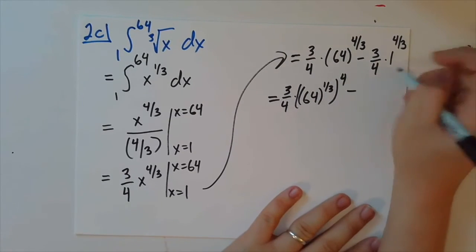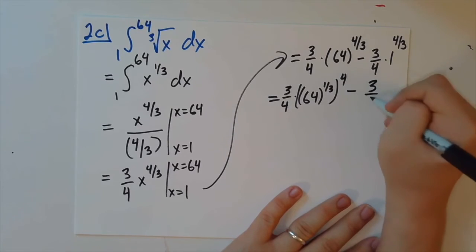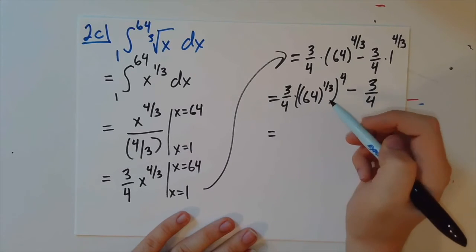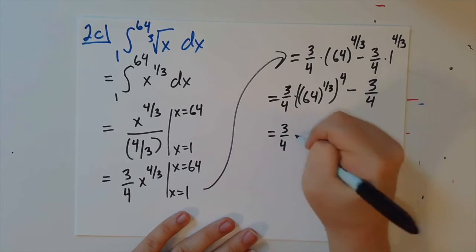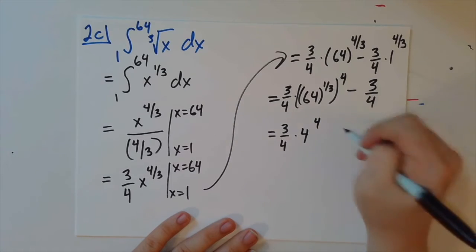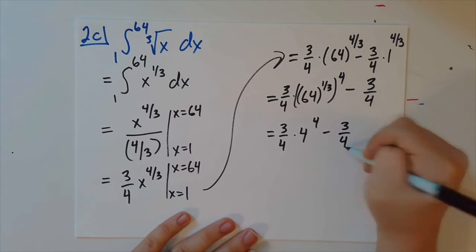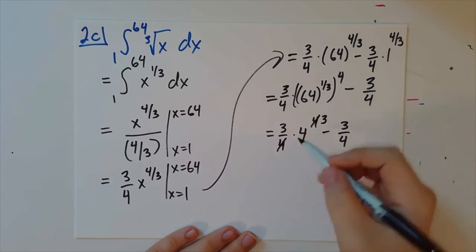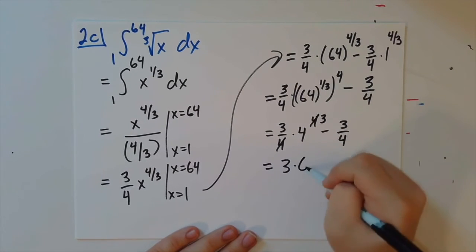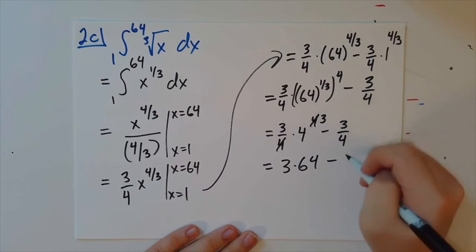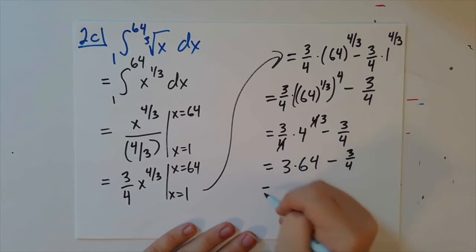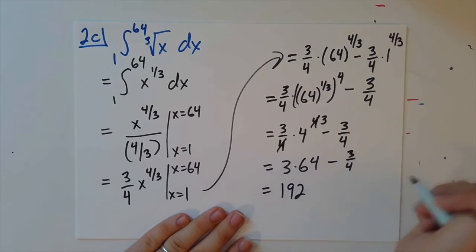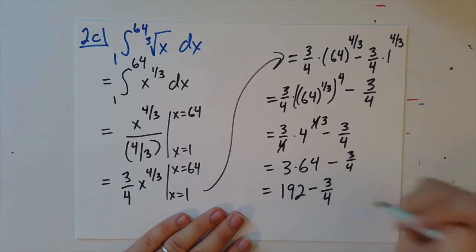So we can write this out. 1 to any power is just 1, so this is just minus 3/4. Okay, so the cube root of 64 is 4, so this is 3/4 of 4 to the 4th minus 3/4. Okay, this 4 is going to cancel with one of these 4s, so this is going to be a 4 cubed. So this is going to be 3 times 64 minus 3/4. And so this is going to be 192 minus 3/4.